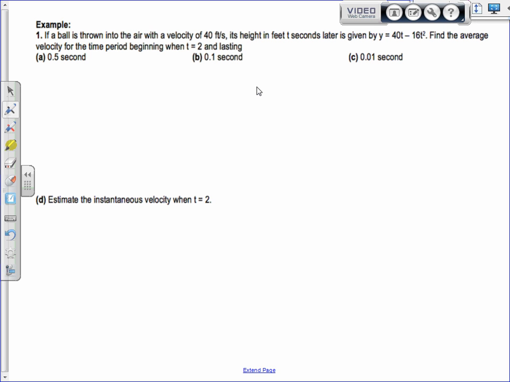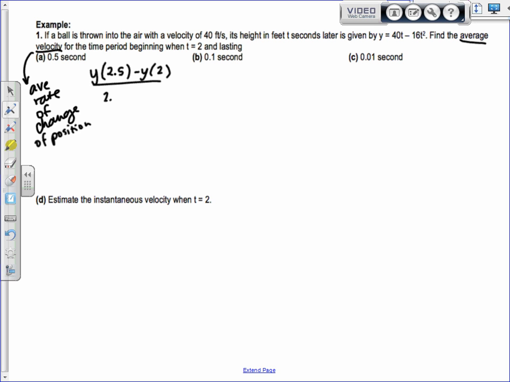Okay, so it's saying average velocity. So when you see that, you're thinking average rate of change. And then you think average rate of change of what? Velocity is the rate of change of position, right? All right, so what we're doing is y of 2.5 minus y of 2 divided by 2.5 minus 2.